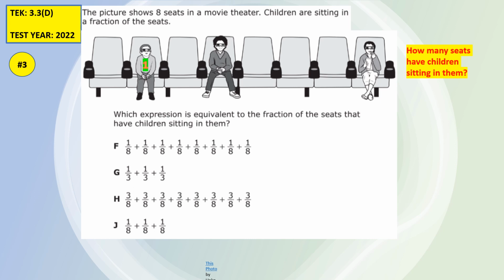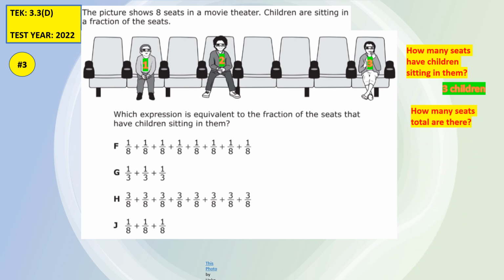Okay, so I have 8 seats, right? And how many children are sitting in those seats? So I have 8 seats, which means I'm counting by eighths. So my denominator is going to be eighths. That's very important. And I have 1, 2, 3 children sitting in seats. So 3 of my seats out of 8 of them, so 3/8 of my seats have children in them.